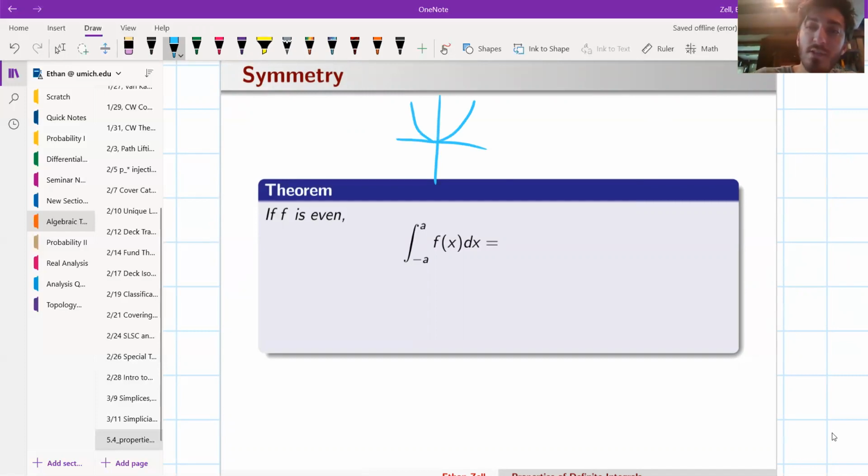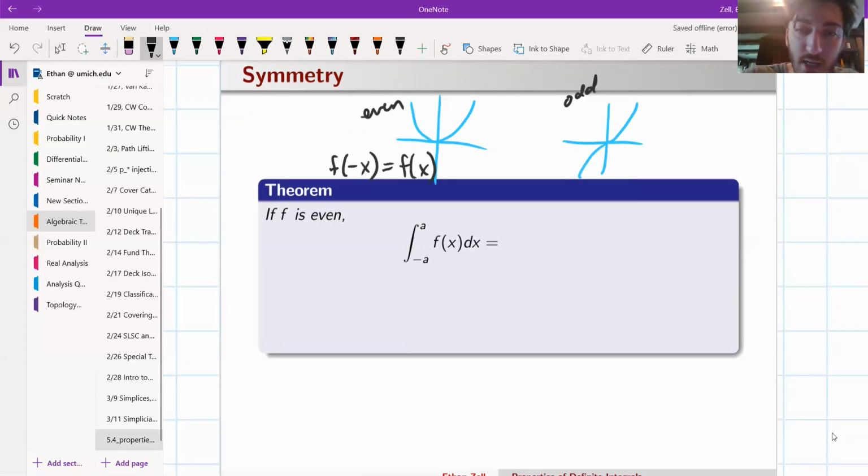And odd functions are sometimes called functions with symmetry about the origin, but we can express both of these things mathematically. So I'll write even here, odd here. Mathematically, we would say f is even when f of minus x is f of x, and that's for all x, right? So for every single x, if this is true, then we say f is even.